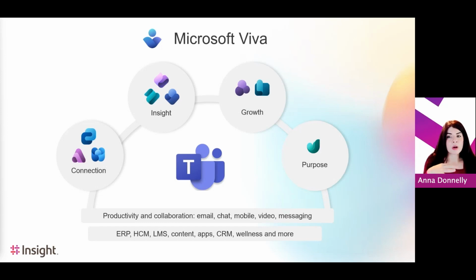So really what makes this hub for work possible is Teams combined with Microsoft Viva, which focuses on connecting employees, getting them the information that they need when they need it, connecting to other employees and subject matter experts, giving them purpose in your organization, providing your leadership with insights and information so that they can make the right decisions that are based on employee experience, that contribute to well-being and satisfaction, and then making sure that your employees can grow, right?